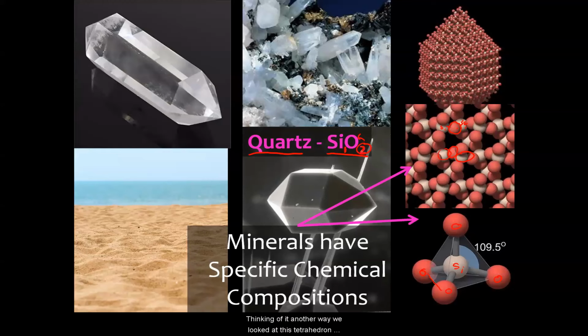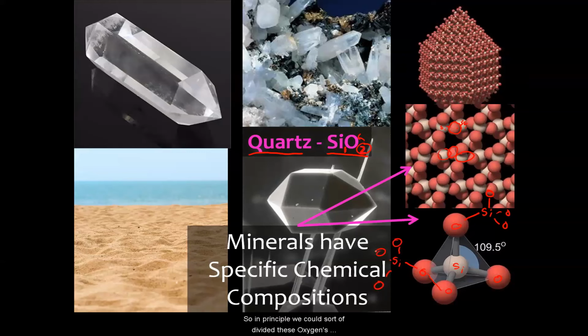Thinking of it another way, if we looked at this tetrahedron here and we started to draw in another tetrahedron that it was attached to, so it's attached to that silicon, which is attached to some more oxygens, each one of these oxygens is going to be attached in such a way. It's in this framework structure.